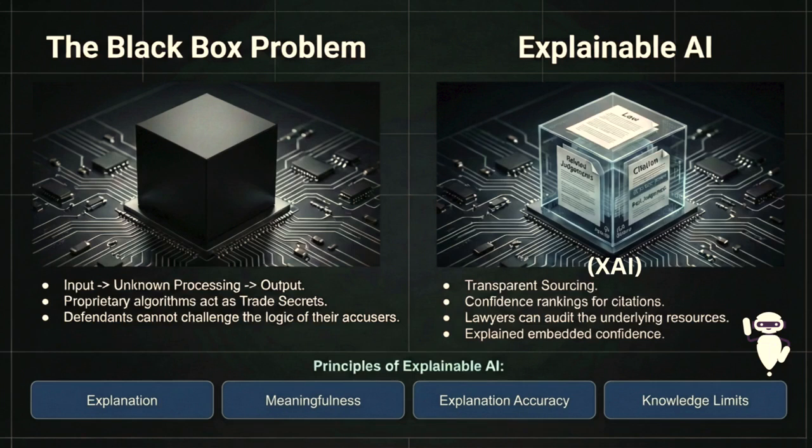Okay, so explainable AI is designed to provide a clear, understandable reason for its output or its decision. And here are the principles of explainable AI. The first one is explanation. AI must be able to explain how it reached the conclusion, and that explanation must be meaningful, so that a person can understand.